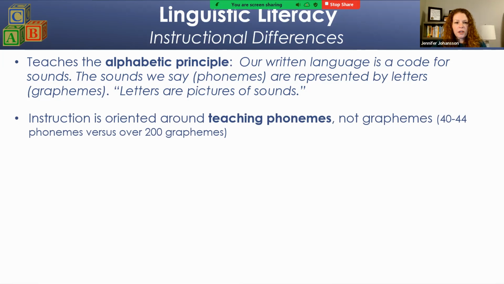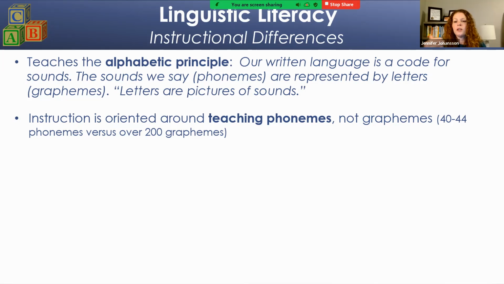Now, the instruction for a linguistic literacy approach is oriented around teaching the phonemes. We start with the phonemes. And of course, we teach those phoneme-grapheme representations, but we start with the phoneme versus starting with the grapheme. We have between 40 to 44 phonemes, depending on dialect, but over 200 graphemes. So it's kind of daunting to think, oh my goodness, I have to teach all of the graphemes.